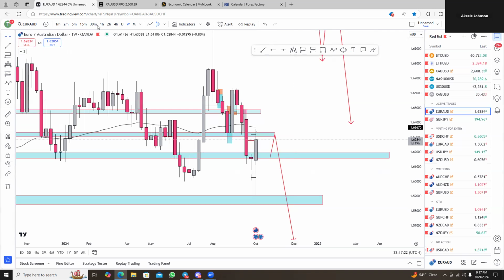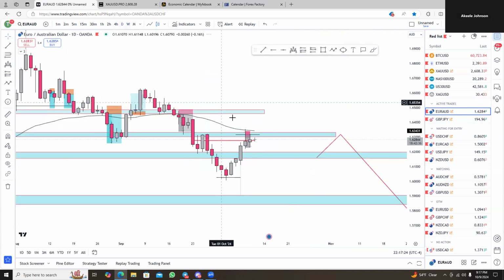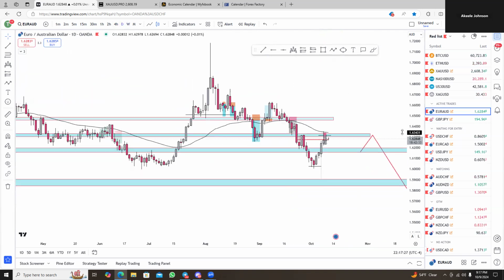Okay, all right, let's go down to our daily. What do we see in our daily? Oh, head and shoulders right here. Neckline break, retest. Oh, now we have our EMA. Here is a potential bullish move. But what does it need to do?